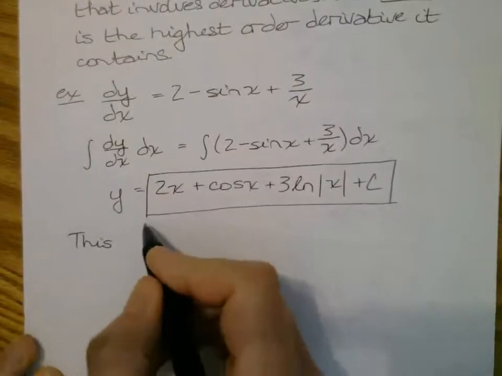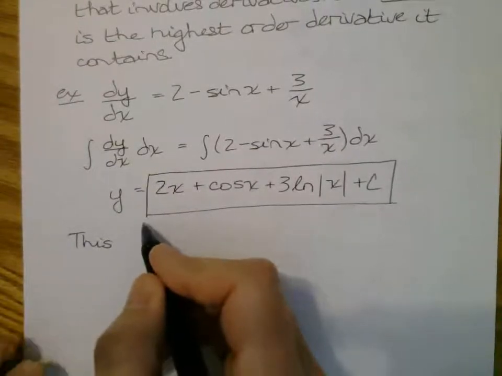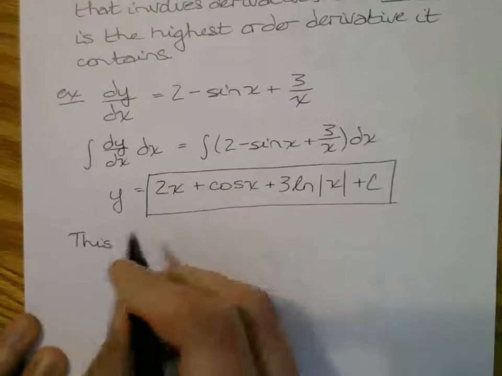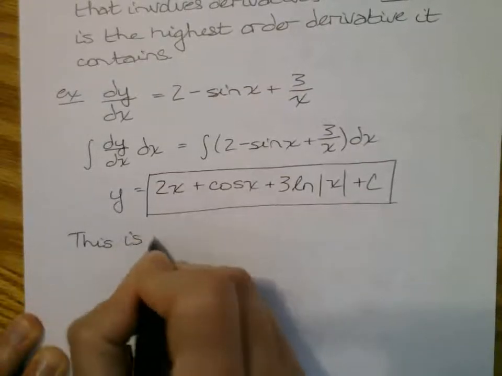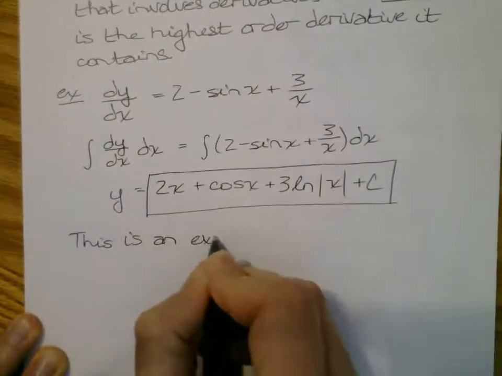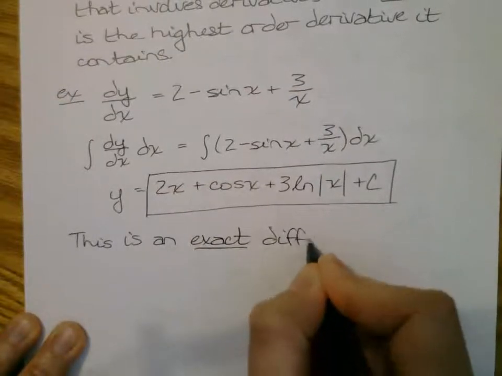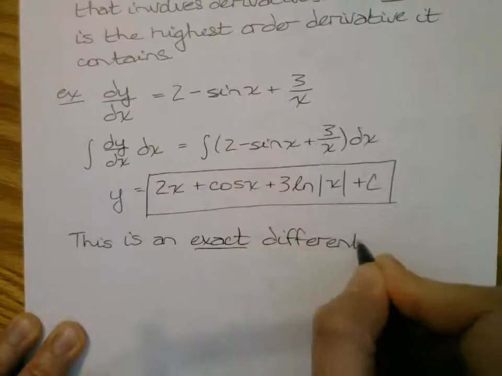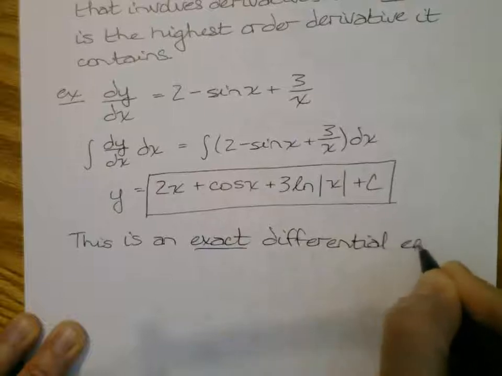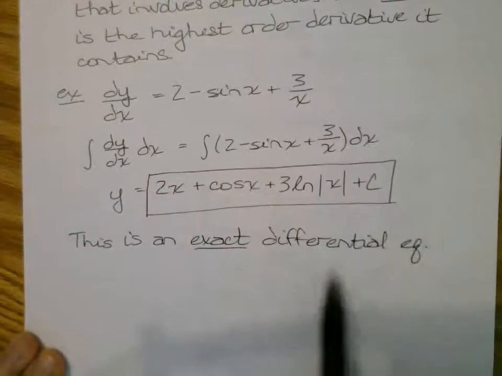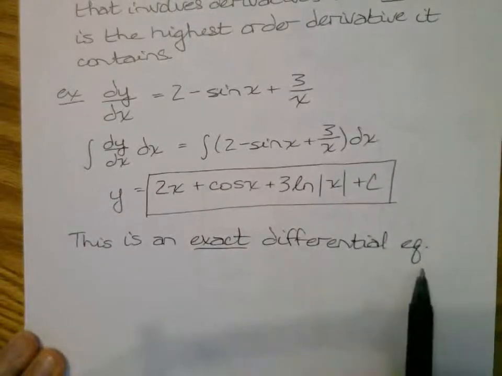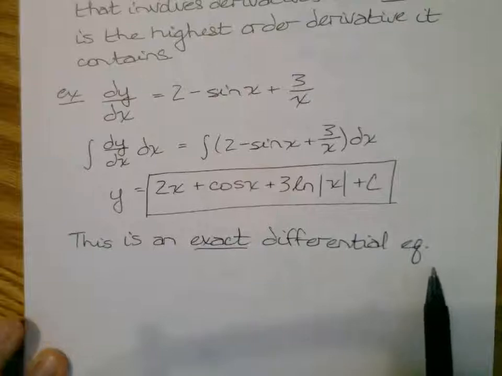which implies that there are other kinds that are not exact, and there are, but not today. There's only these kind. I'm pretty rapidly going to go to diff eq for differential equation.